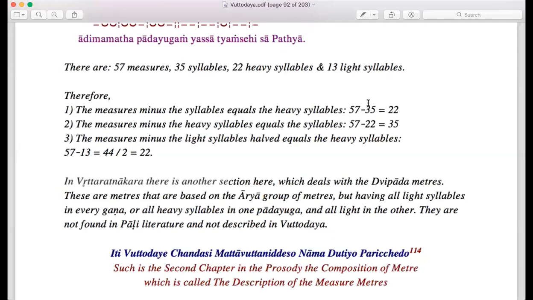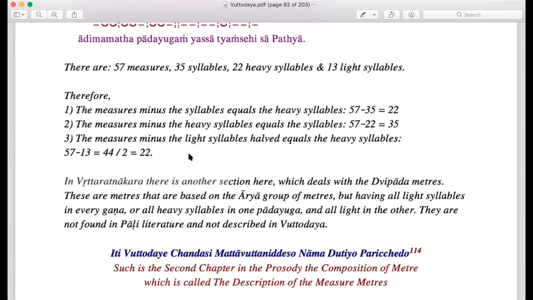So you subtract 35 from 57 and get 22, and that is the number of heavy syllables. Sorry, you subtract the number of heavy syllables. The number of heavy syllables is 22. So you subtract 22 from 57, you get 35. That 35 equals the number of syllables in this verse.